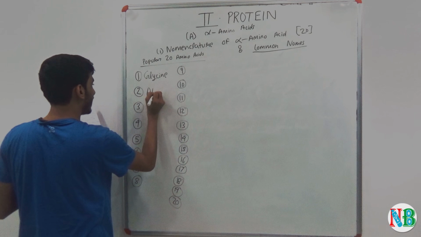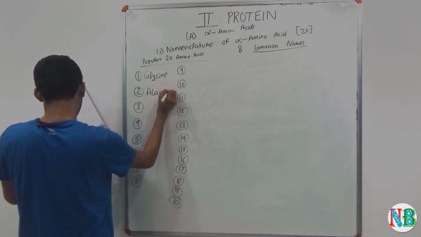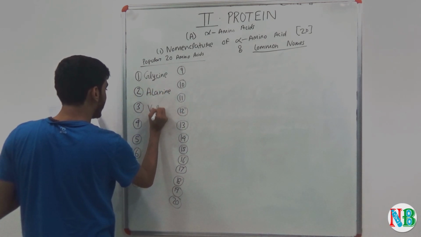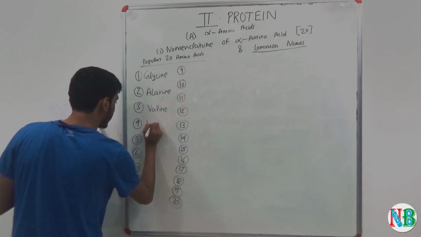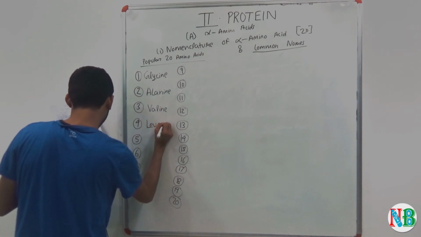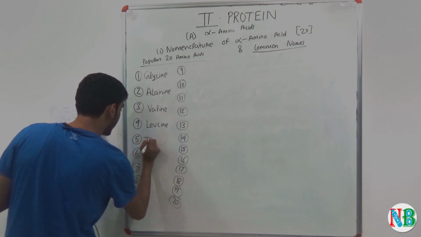Second is alanine. Third is valine. Fourth is leucine. Fifth is isoleucine.